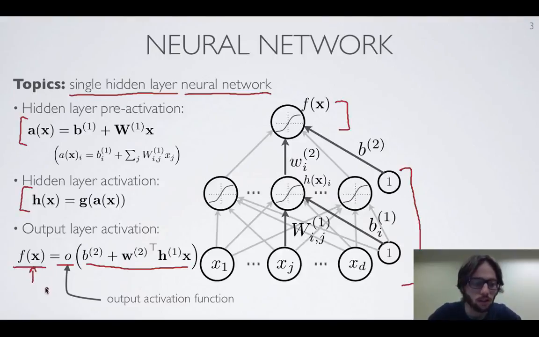What kind of functions can we actually model with this particular form, and are there functions that we cannot model? So let's look at this a little bit and try to get some intuition around this problem.